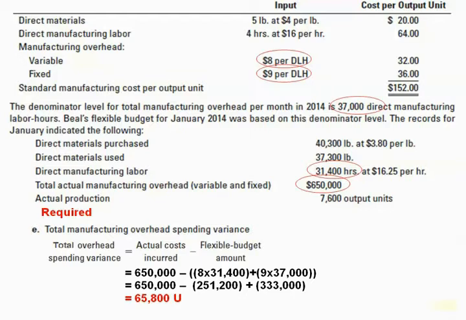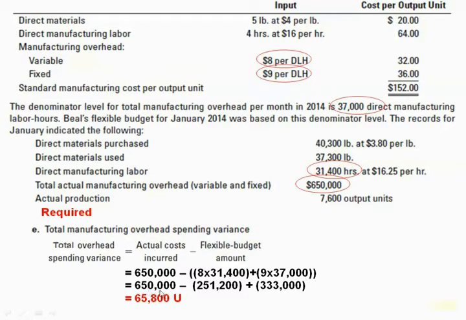First, actual costs incurred are 650,000, minus first variable overhead under flexible budget, which equals $8, the variable overhead rate, multiplied by actual direct labor hours, 31,400 hours, plus fixed overhead, which equals $9 per direct labor hour multiplied by its denominator level, 37,000 direct manufacturing labor hours.